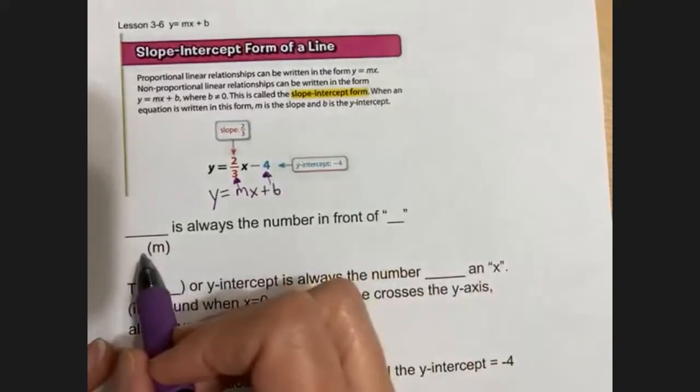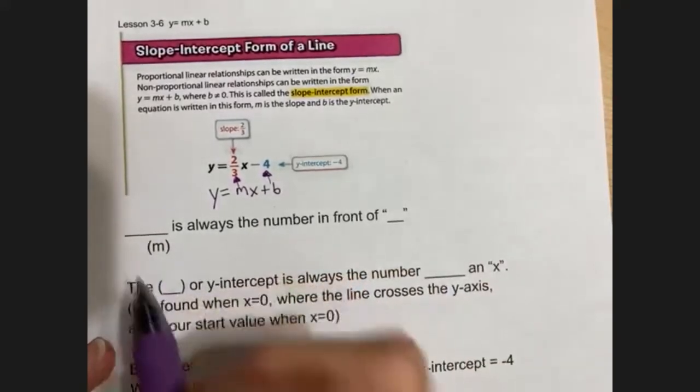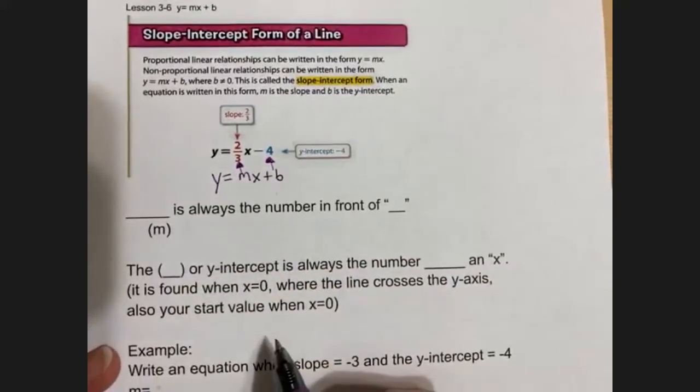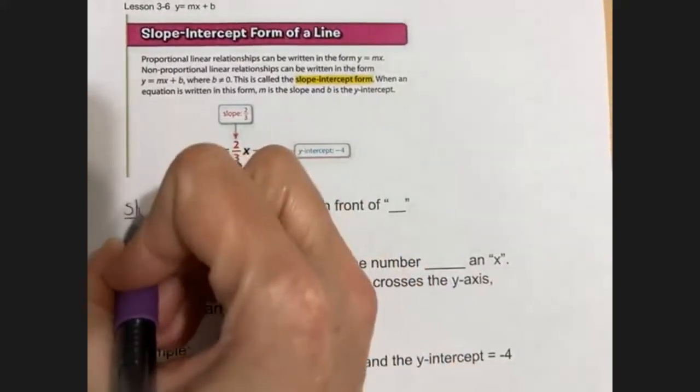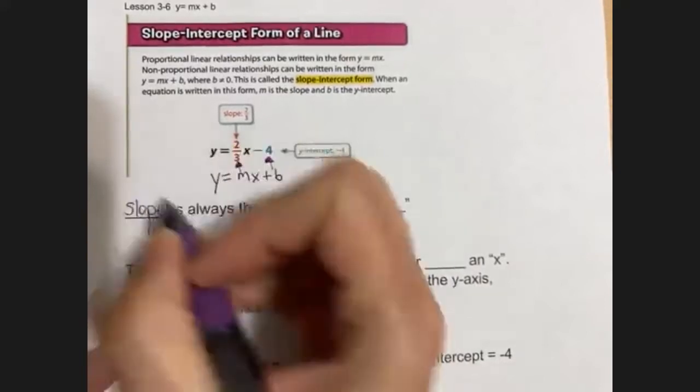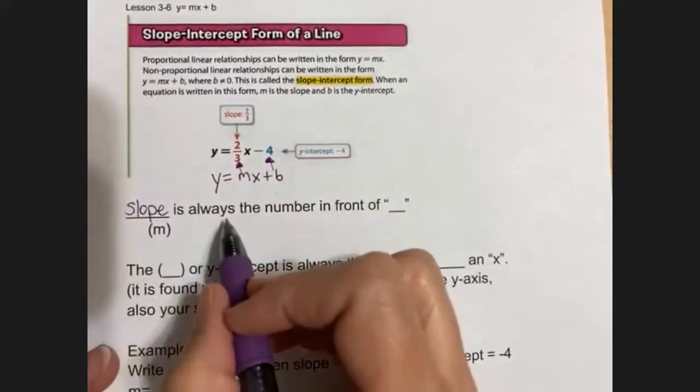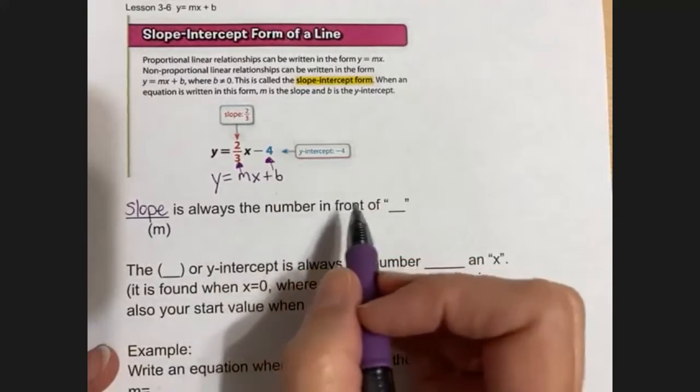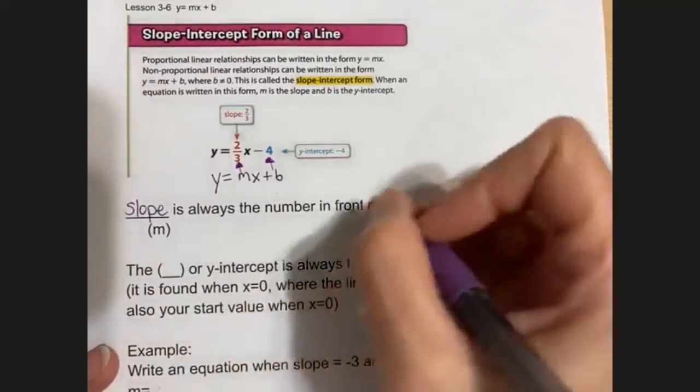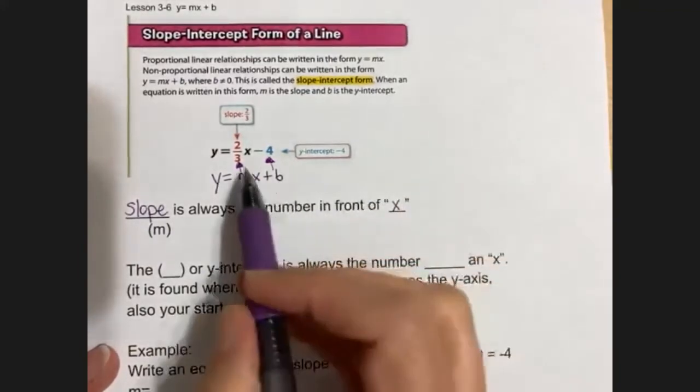So just some key words to plug in here, and we gave you some fill-in prompt notes. Slope, which is referred to as my m value here, is always the number in front of what? And that's in front of x. So the slope is always attached.